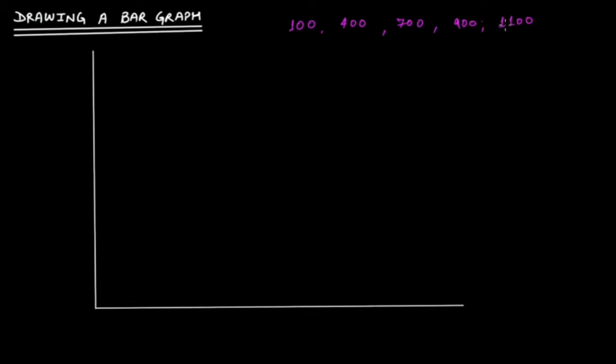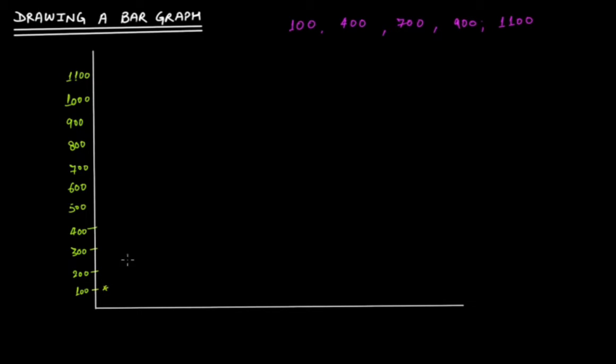Now you can clearly see that if we make our scale of 100, then 0, then 100, then 200, then 300, 400, and all the way we can go, 500, then 600, then 700, then 800, then 900, 1000, 1100. That will be sufficient for our discussion.